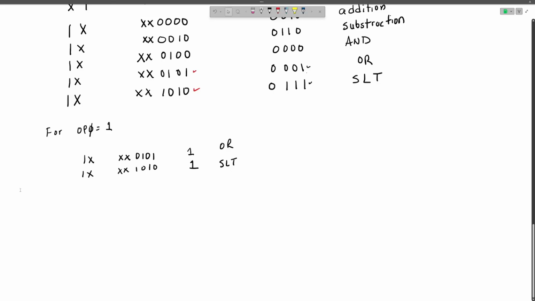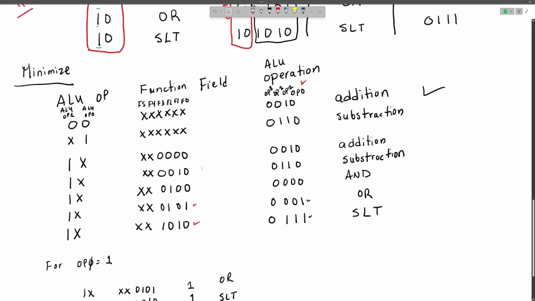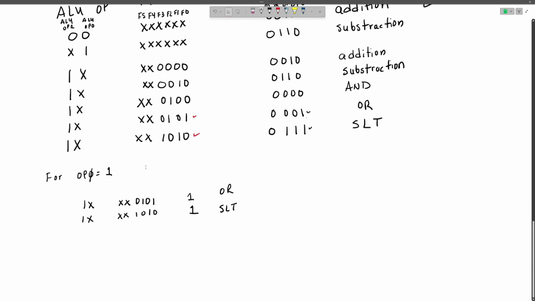So if we see here, the only moment this is a 1 for this condition is when this one is a 1. And you can see that no other is 1.